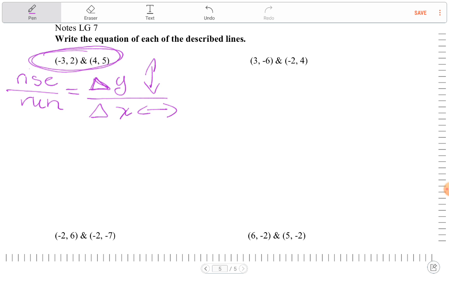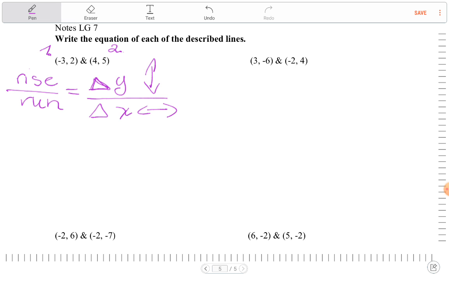So in this case, our y goes on the top. Let's call this one our point 1 and this one our point 2. The order in which we find the change of x and the change of y really doesn't matter.